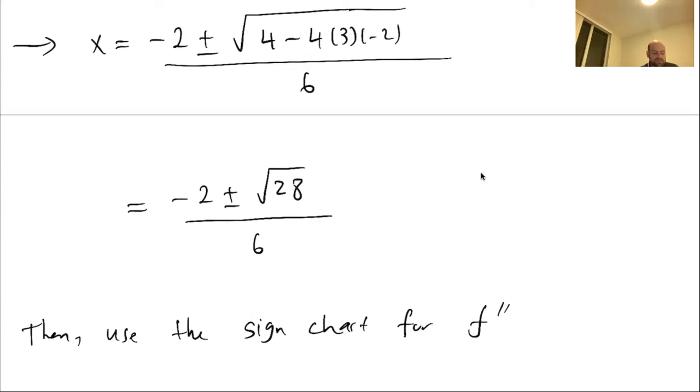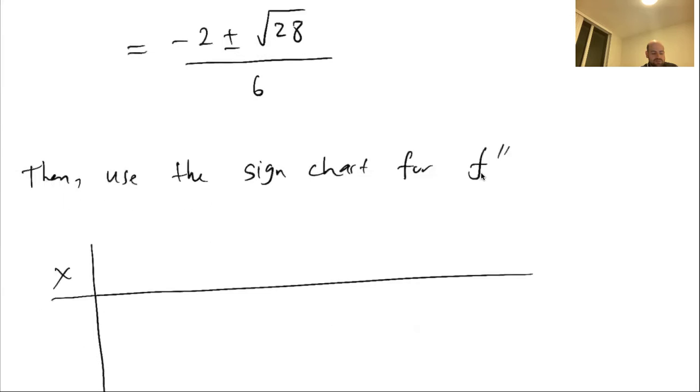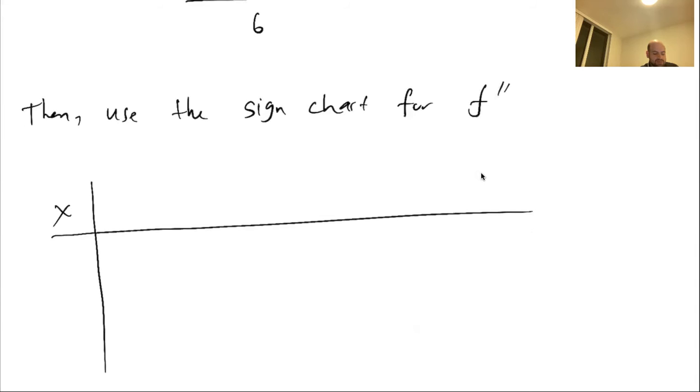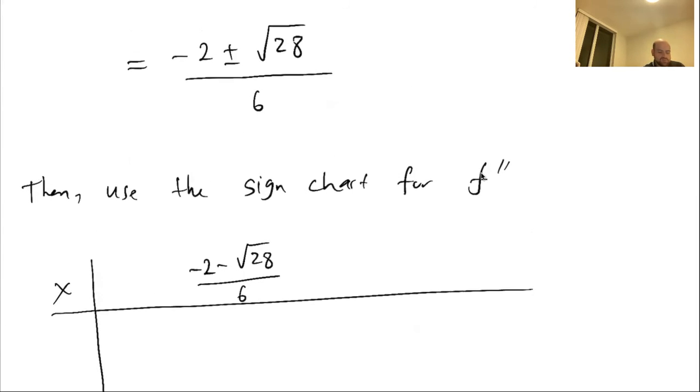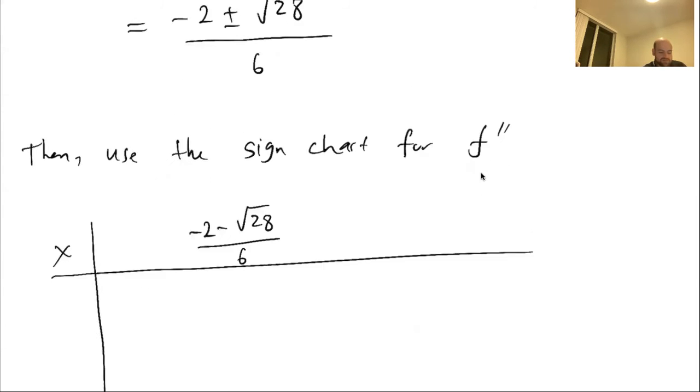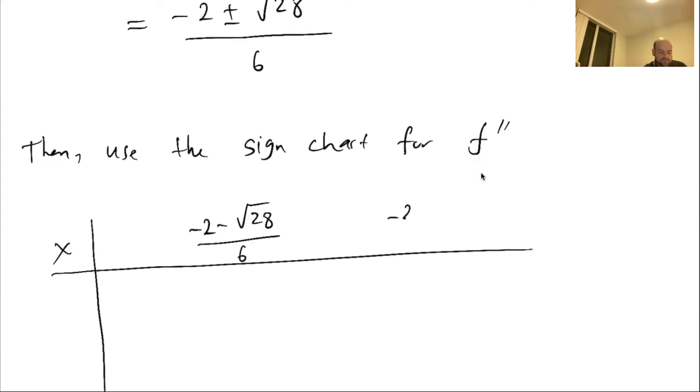At two points, minus 2 minus root 28 over 6 and minus 2 plus root 28 over 6. Please remember that you have to specify these points in order. Which one is the smaller? Of course, minus 2 minus root 28 over 6. And which one is the bigger one? Minus 2 plus root 28 over 6.